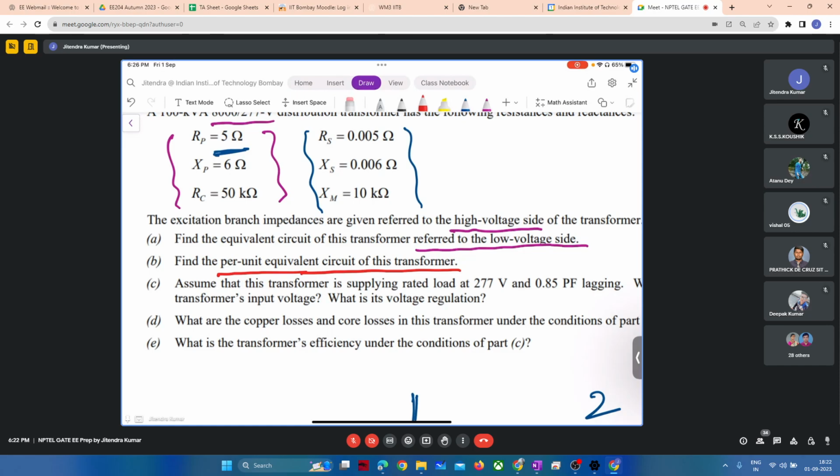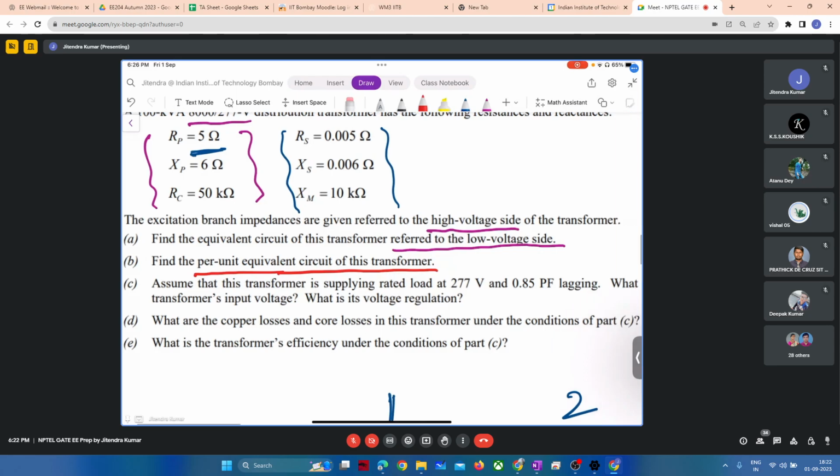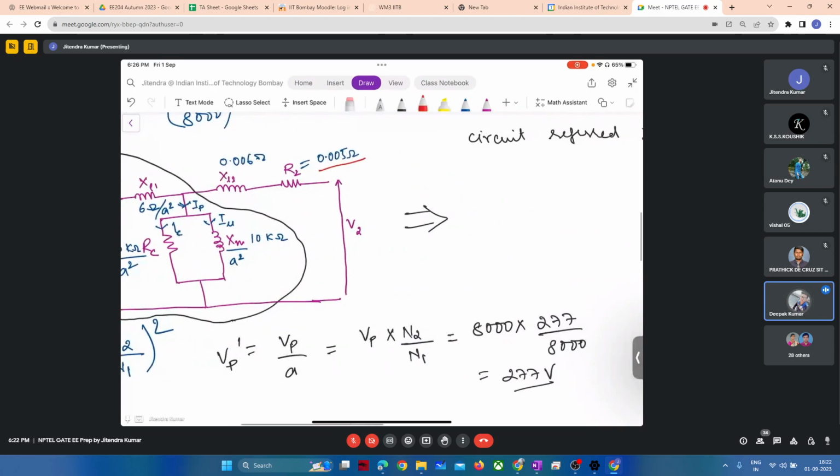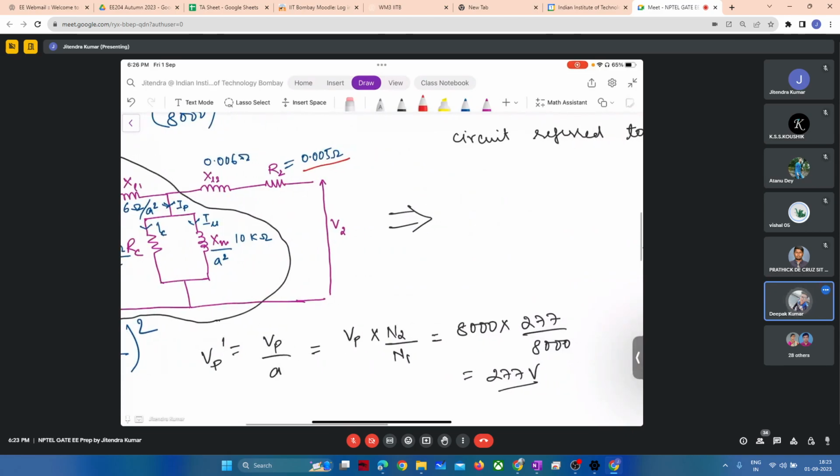That is the definition of per unit. What is the definition of per unit basically? Anyone can say? It is the ratio of actual value upon base value.